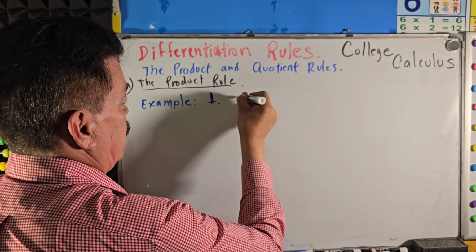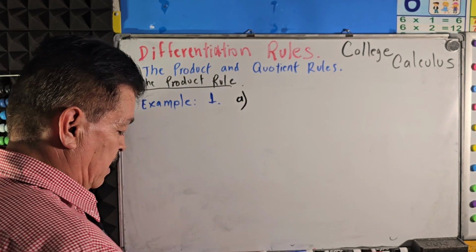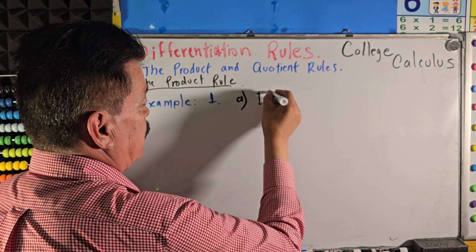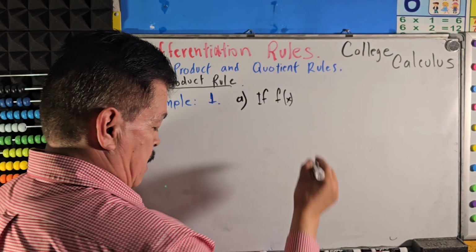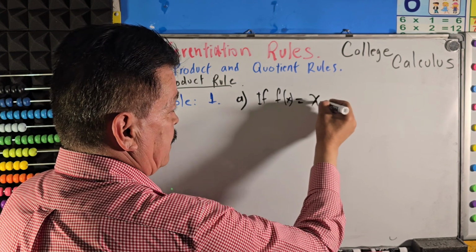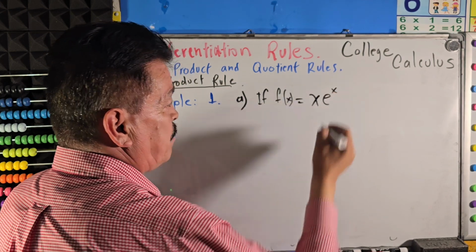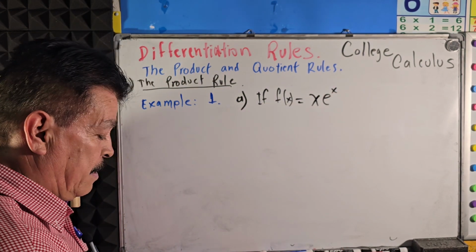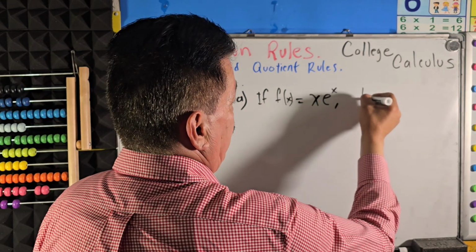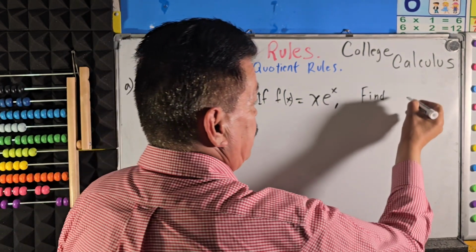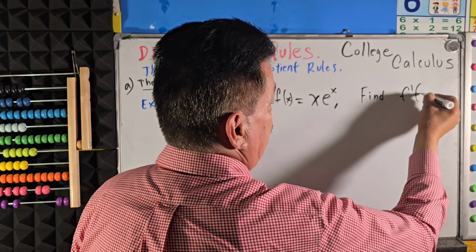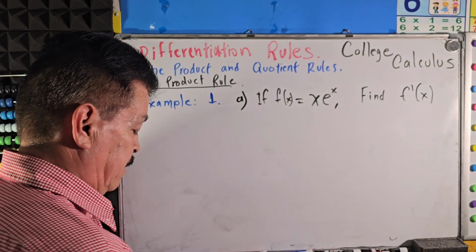The first one: if f of x equals x e to the x power, find the derivative, which means the derivative of f of x.